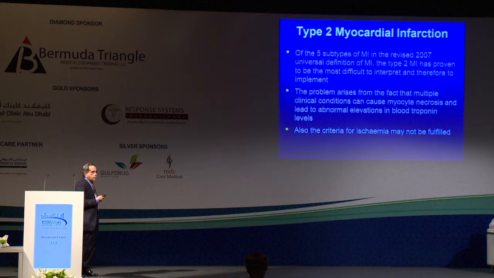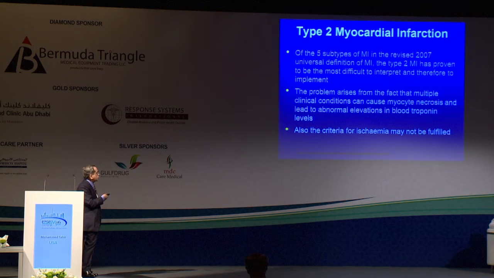A lot of discussion and controversy about type 2, what to do with these people. Now, 5 to 20% of patients who undergo non-cardiac surgery have elevated troponins, some with symptoms and some are asymptomatic, had a routine troponin done, and it's elevated. So that is where the whole thing is.